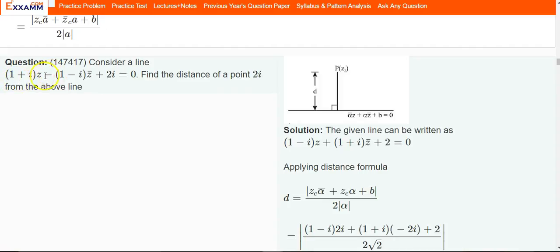So it becomes (1 plus i) divided by i times z and (1 minus i) divided by i times z bar plus 2 is equal to 0. So then we have the equation in proper format, and here our alpha bar is equal to (1 minus i) divided by i.